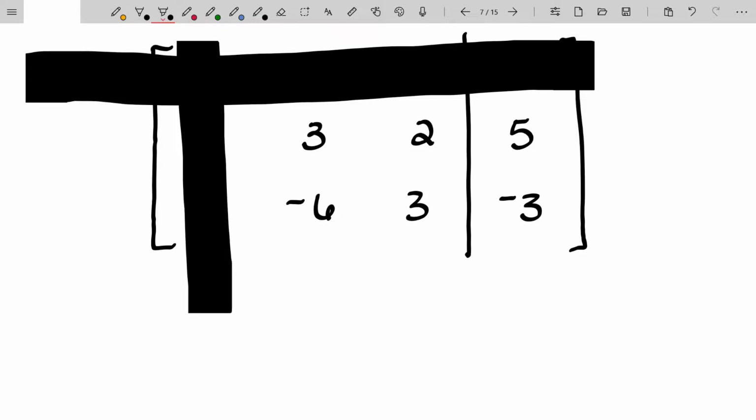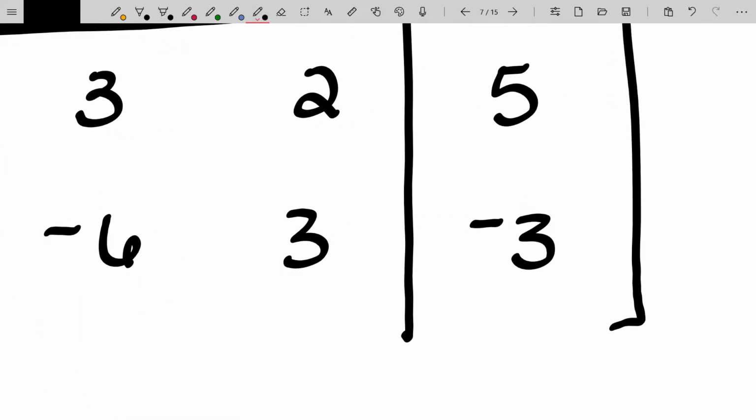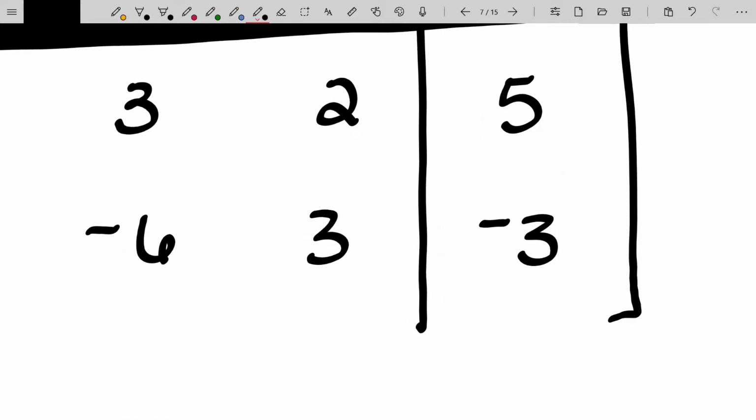All right. So now if I'm starting the problem all over and I have this matrix, I just say to myself, well, if I divide this row by 3, that'll give me fractions. So I don't want to do that. If I divide this row by a -6, that would give me fractions. I don't want to do that. So make sure that between these two rows, the smallest value is in the main diagonal.